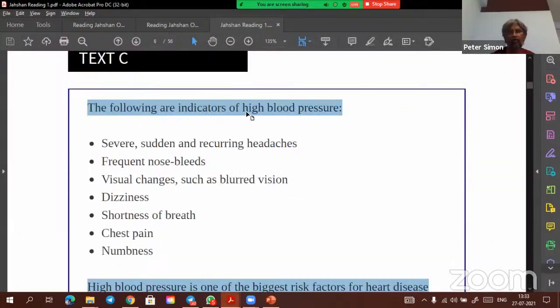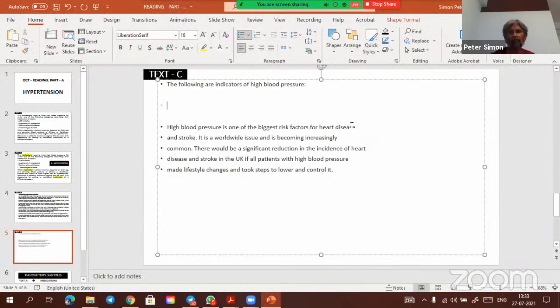The following are indicators of high blood pressure.